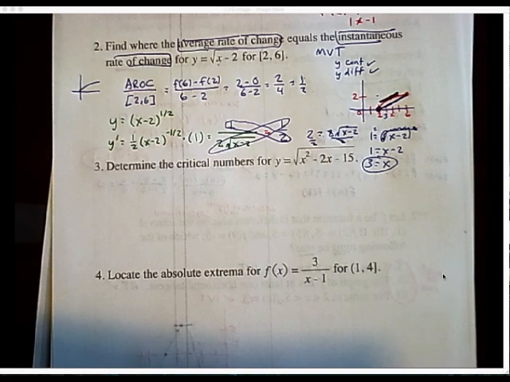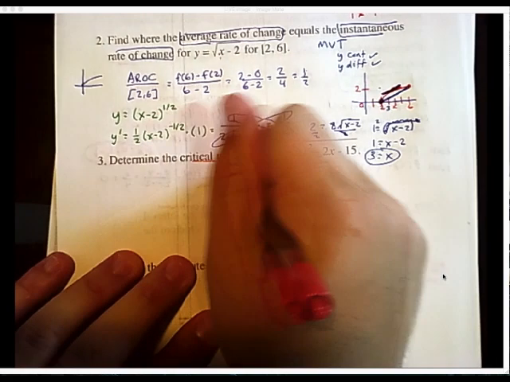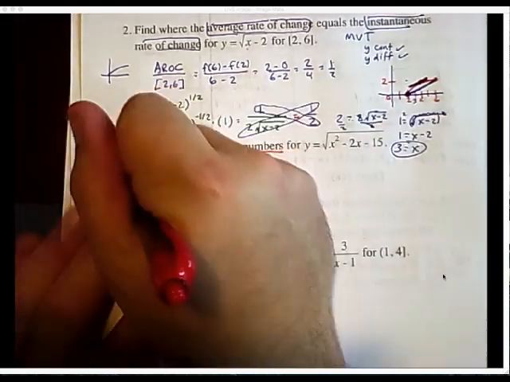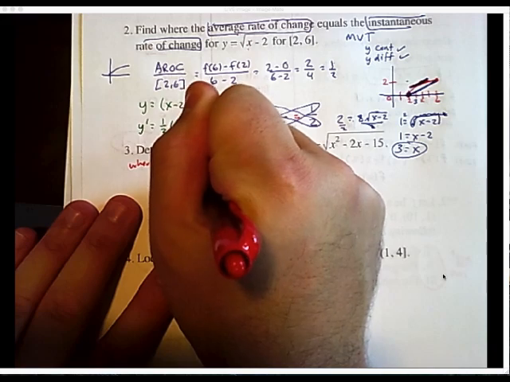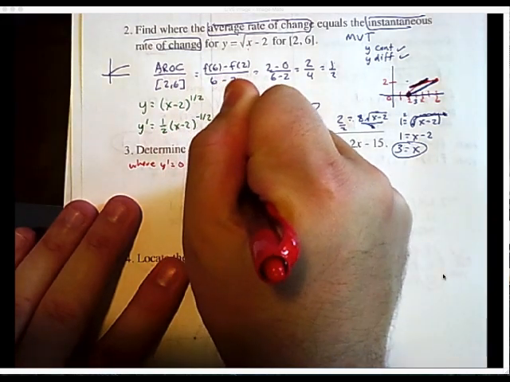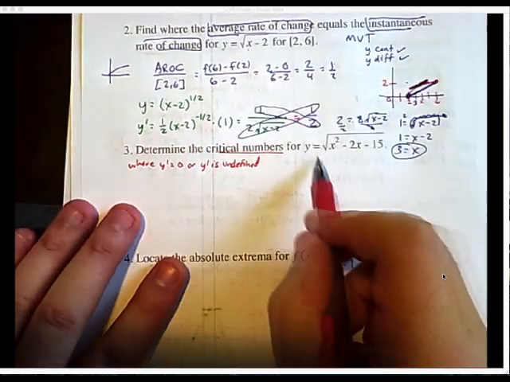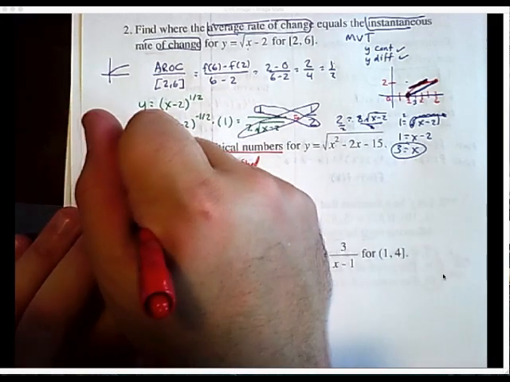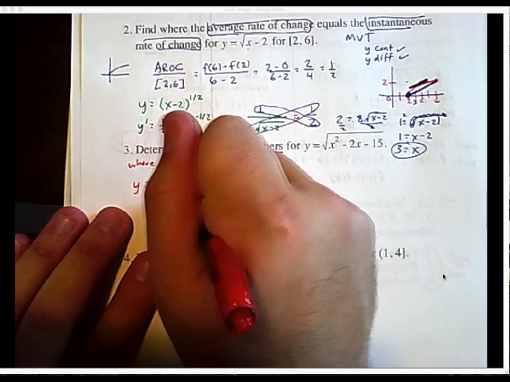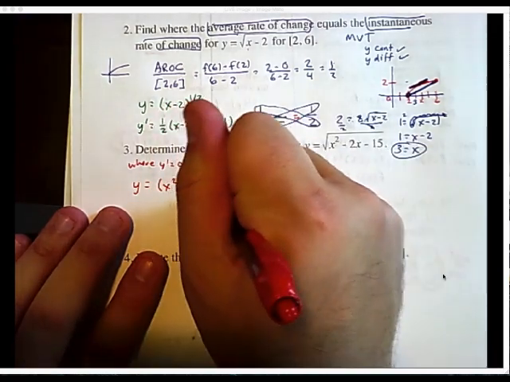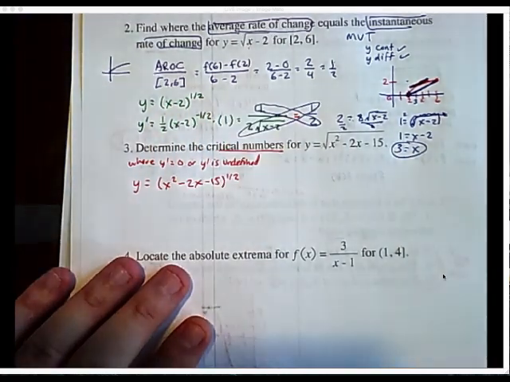All right, number 3 should be a review question for you. Critical numbers. What do we know about critical numbers? It's where y prime equals 0 or y prime is undefined. So we have an equation for y. So y equals the square root of x squared minus 2x minus 15, but I'm going to write that as to the 1/2 power.